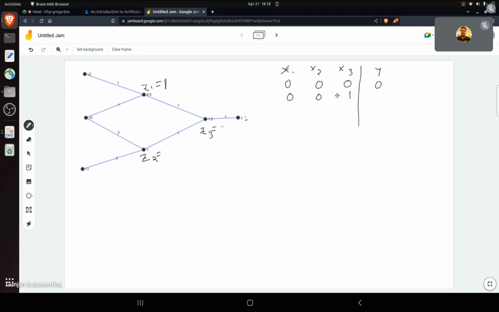So z1 will be 1. x1 is 0, x3 is 1, so this will be 1 plus 2 into 1 plus 2 into 0. That will be 2, which is greater than 1, so we will get 1 here. 1 and 1 make 2, which is greater than 1.5, so we will get 1 here. And y is simply 1. So when it is 0, 0, 1, y is 1.